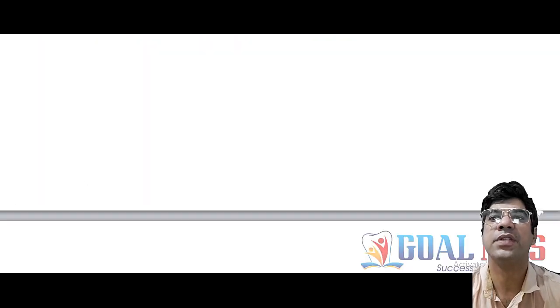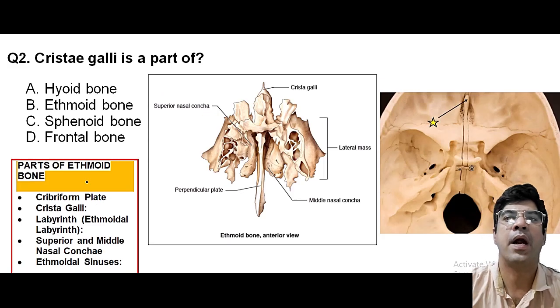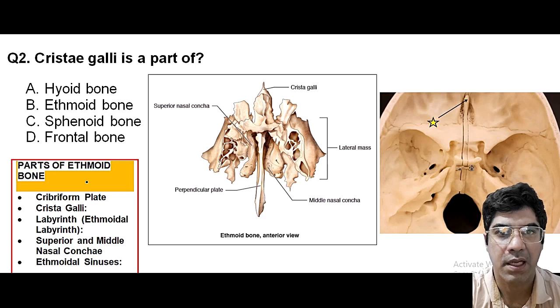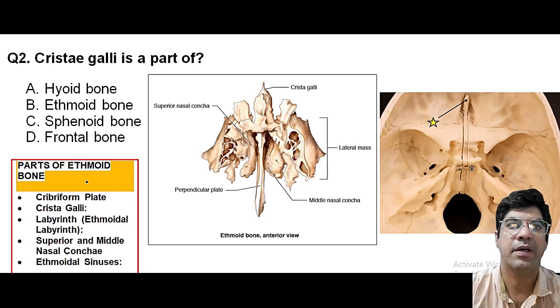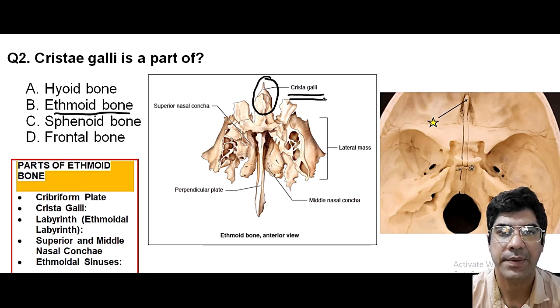Moving to the next question. The crista galli is a part of. Well, the crista galli is present on the ethmoid bone. So what is crista galli? This part of the ethmoid bone is the crista galli.